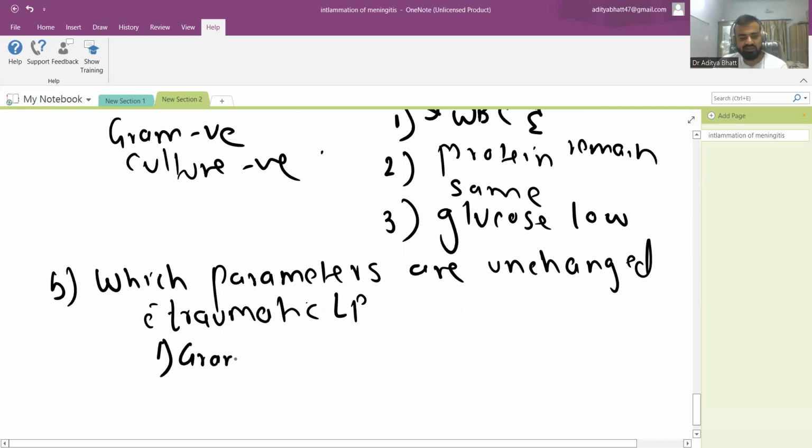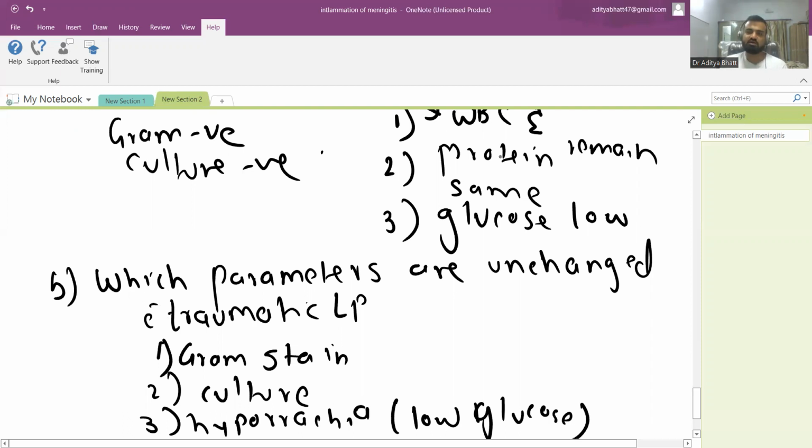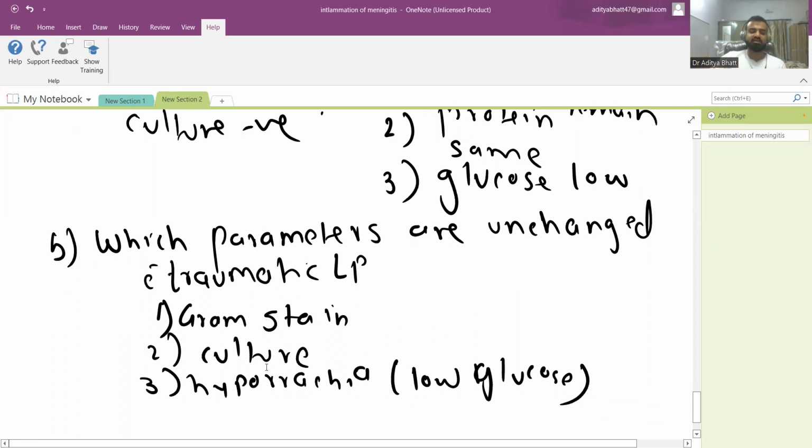The three parameters that are unchanged are gram stain, culture, and hypoglycorrhea or low glucose. So the three parameters that are unchanged with antibiotics are WBC count, the protein content, and the glucose content. And the three parameters that are unchanged with traumatic LP are gram stain, culture, and hypoglycorrhea. Both have three parameters, so it might be asked routinely. You have to keep that in mind.